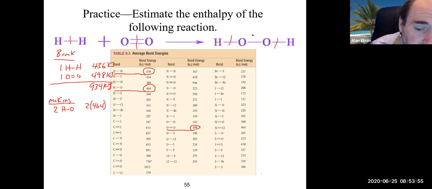And also important, what a lot of people will forget, especially if they don't draw the Lewis structure and just go off the chemical formula, is that center bond between our 2 oxygens. That's actually a single bond, so as you can see it's a different value. That's 142. If we add all that together, 2 times 464 plus 142 gets us 1070.